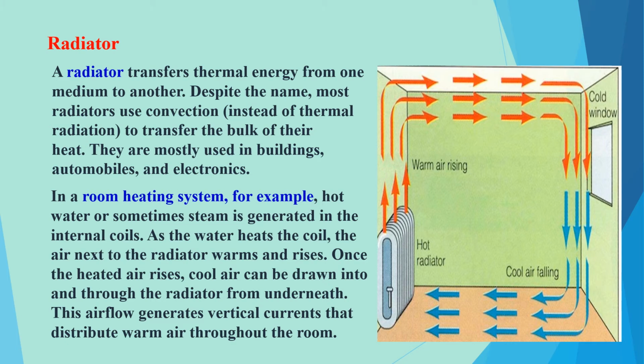As the water hits the coil, the air next to the radiator warms and rises. Once the heated air rises, cold air can be drawn into and through the radiator from underneath. This airflow generates vertical currents that distribute warm air throughout the room.